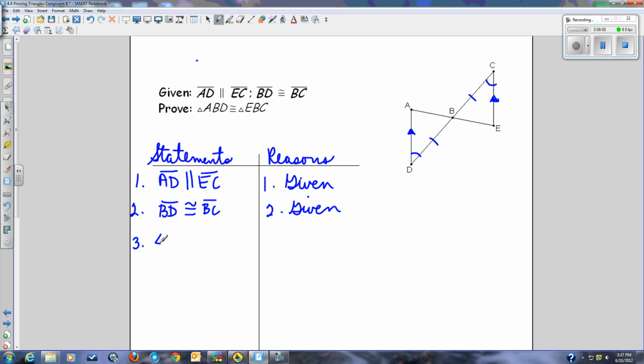So let's write that down. Say angle ADB is congruent to angle ECB, and that's because of the alternate interior angles postulate. We'll just abbreviate that.